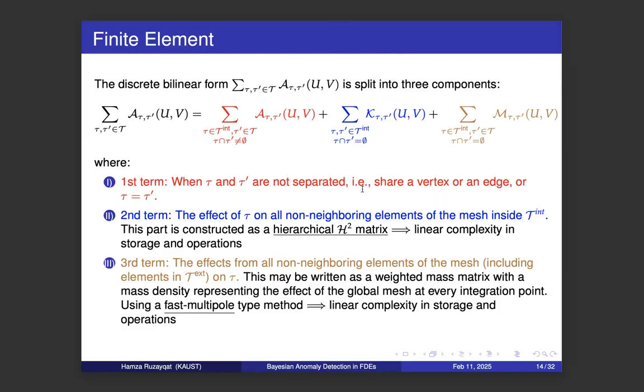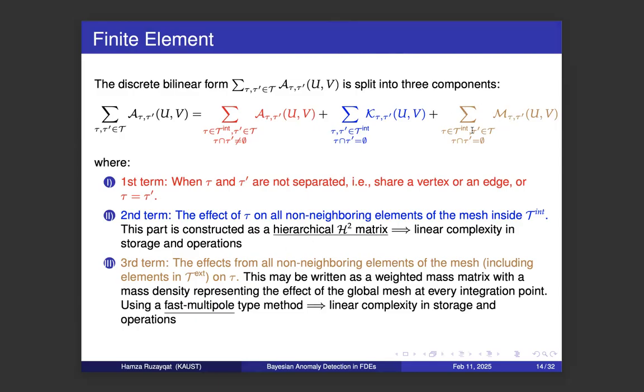In fact, this part is constructed using the so-called hierarchical H2 matrix, which is a way to write matrices in low-rank representation. And this will result in linear complexity in storage and operations. So you have O of n, where n is the number of nodes.